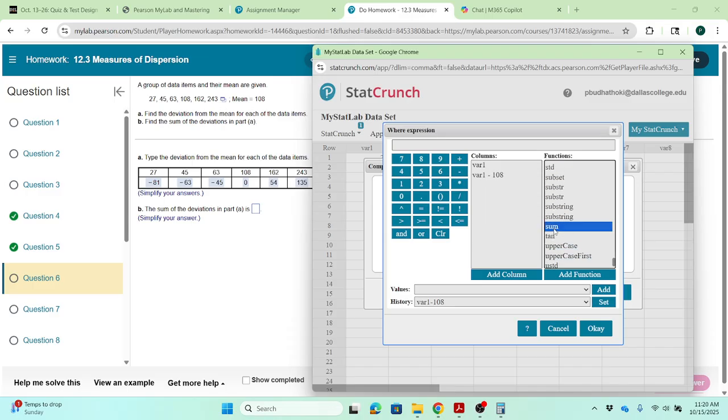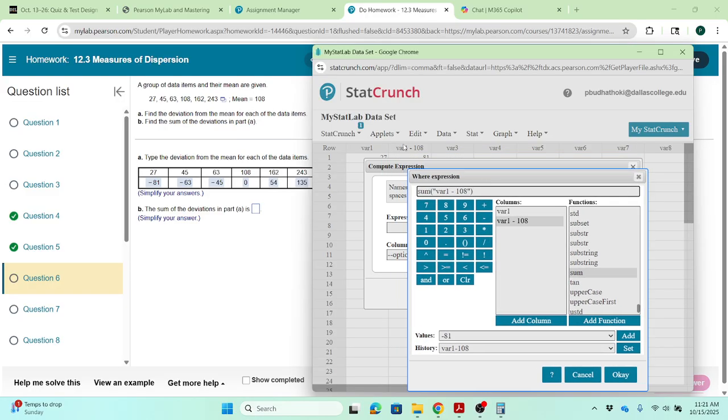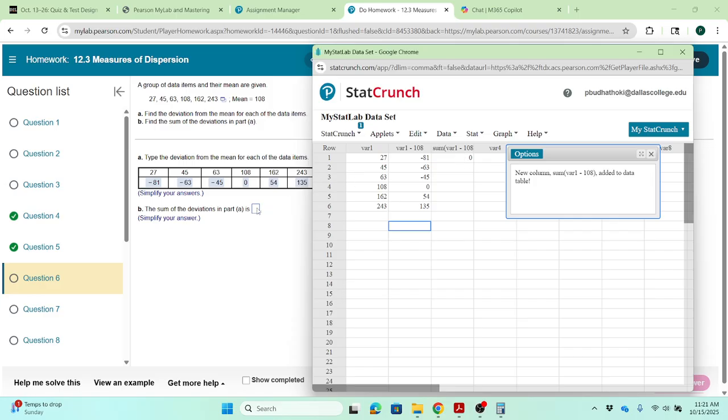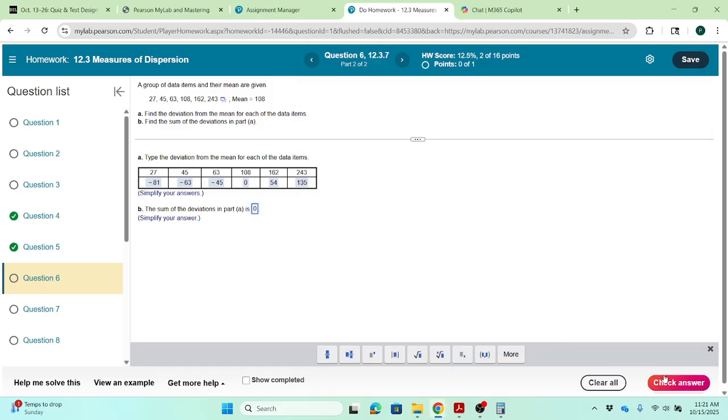Inside that function you can just add this column. So sum of the column name. You can name it differently, but it was automatically named, so I just keep it that way. Basically we are trying to add these differences. Click OK and then Compute. That's going to give you the sum, which in this case is 0.